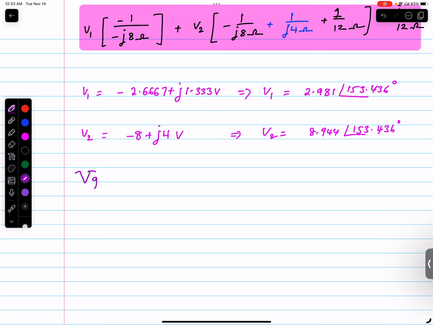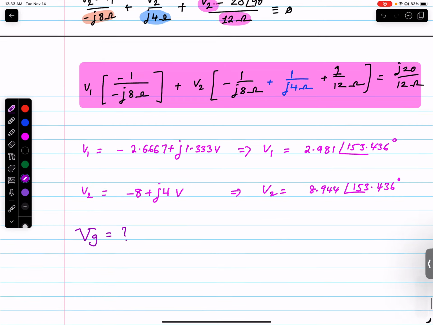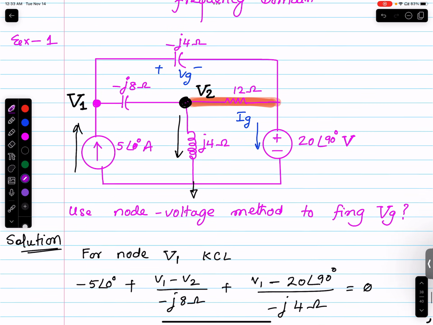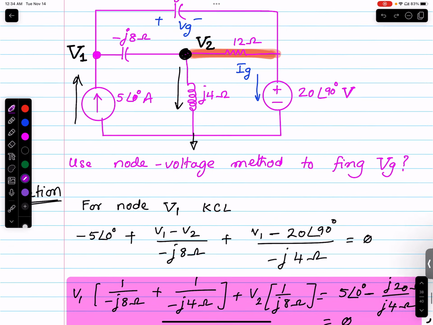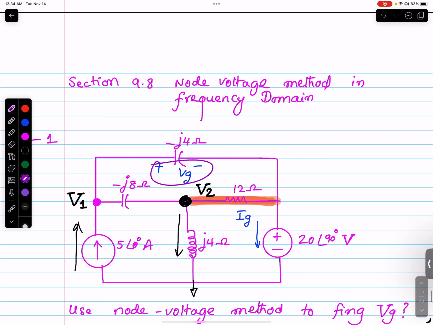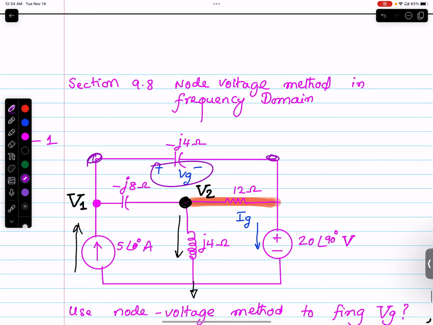That is the original problem. What is the value of Vg? That is what we are interested in calculating. You know V1 and you know V2. V1 minus the voltage at this node should give you a value for Vg, right? Vg is the voltage on the left minus the voltage on the right.